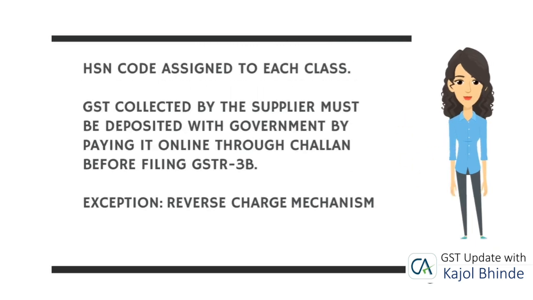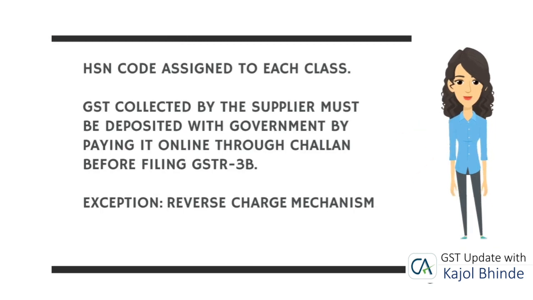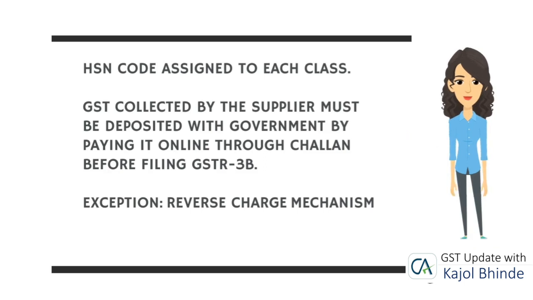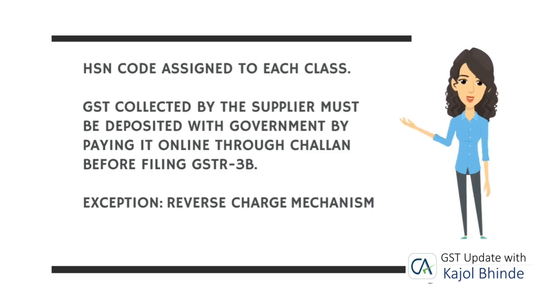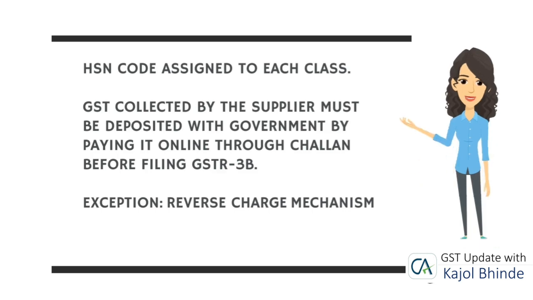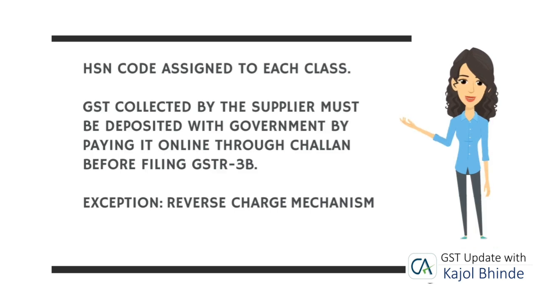HSN code is assigned to each class. GST collected by the supplier must be deposited with government by paying it online through challan before filing GSTR 3B. Exception to this being reverse charge mechanism, wherein liability of GST is to be borne by the recipient of goods or services.